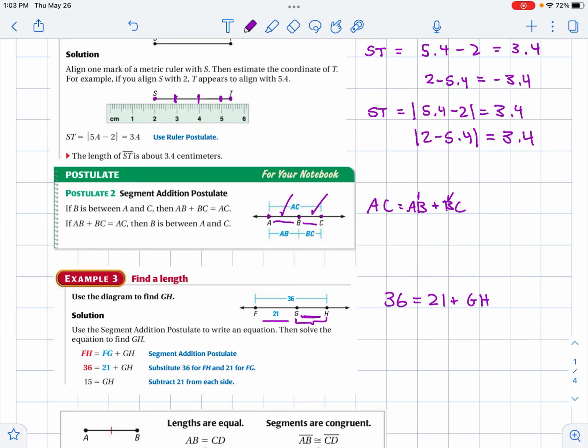Okay, this is how we can use the segment addition postulate. So we've got 36 equals 21 plus GH. This is just a simple algebra equation. So I can subtract the 21. And what do I get? I get 15 equals GH. Yeah, so that's it.